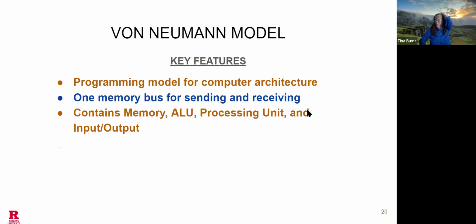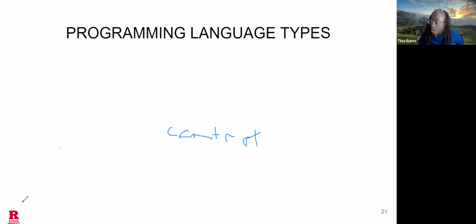It should be memory, a control unit. I'll make sure I update those on the slides. But this is actually going to be memory, your control unit, right? Your processing unit, and then also your input and output devices. All right.